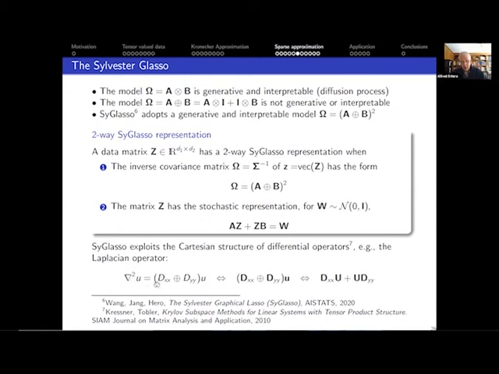So this Sig lasso exploits this Cartesian structure of differential operators, which can be seen by just looking at the Laplacian. The Laplacian is simply the Kronecker sum of the second derivative with respect to x and with respect to y of a planar process u.